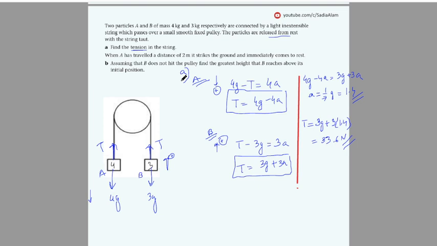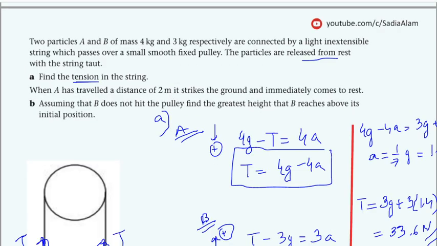This was similar to the example I have solved, but part B is the extra portion, like what happens after this starts moving or one of them stops moving. That's the tricky part. So let's solve that one. When particle A has traveled a distance of 2 meters, it strikes the ground and immediately comes to rest.